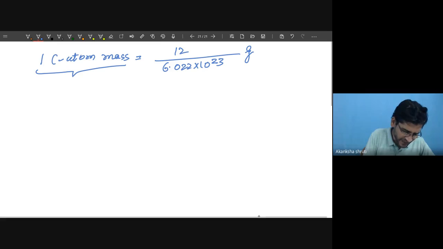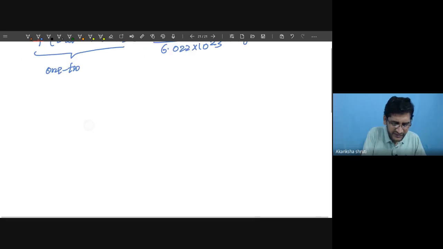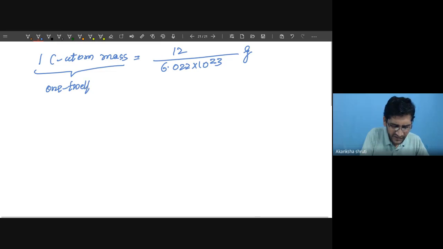But what is AMU? For AMU we have to take 1/12 of this. This gives AMU. This was the definition.